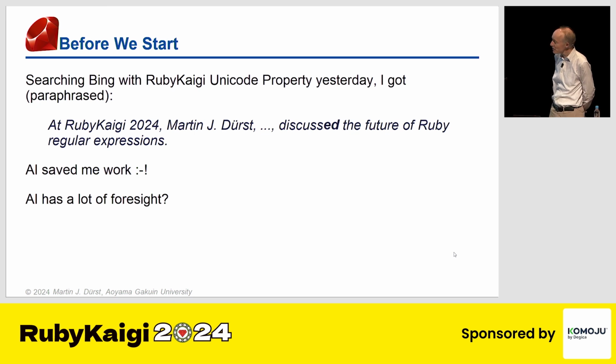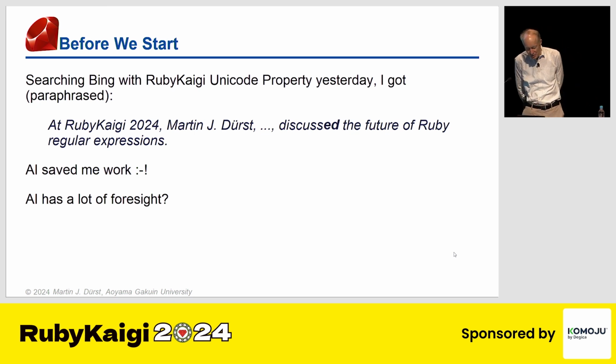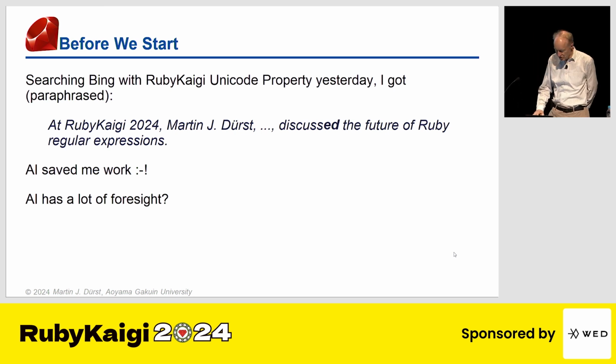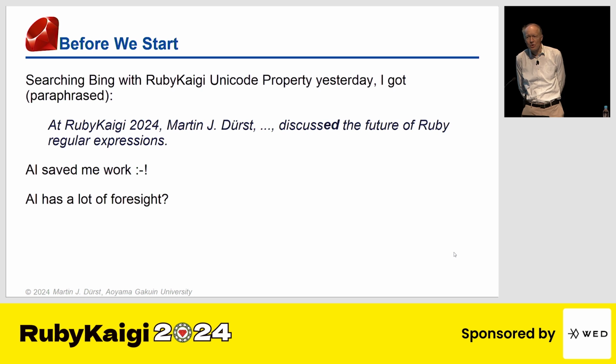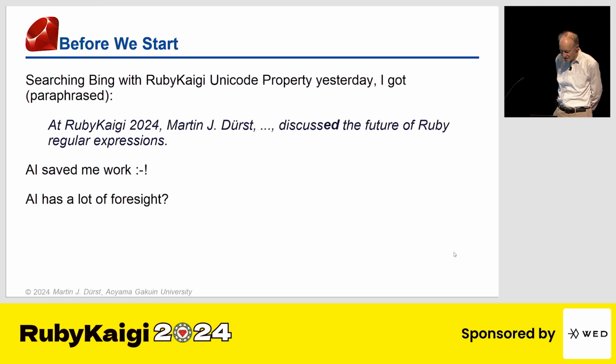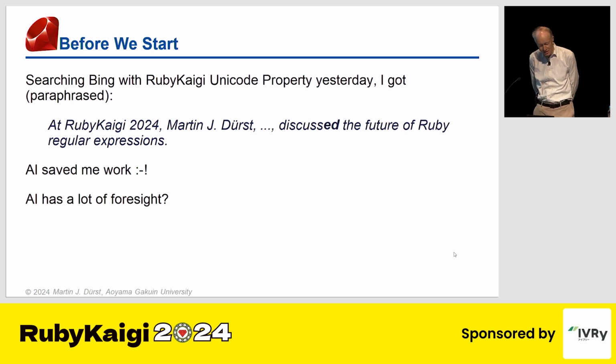Well, it's one of these hallucinations, or it probably just saw old RubyKaigi data, and from there it inferred that if you give a Ruby talk, then you have to say discussed, because that applies to most past RubyKaigis.